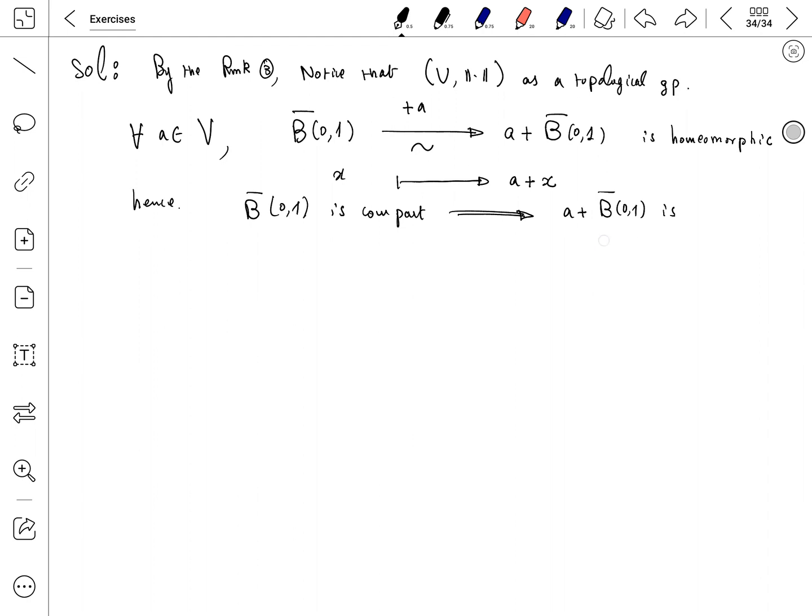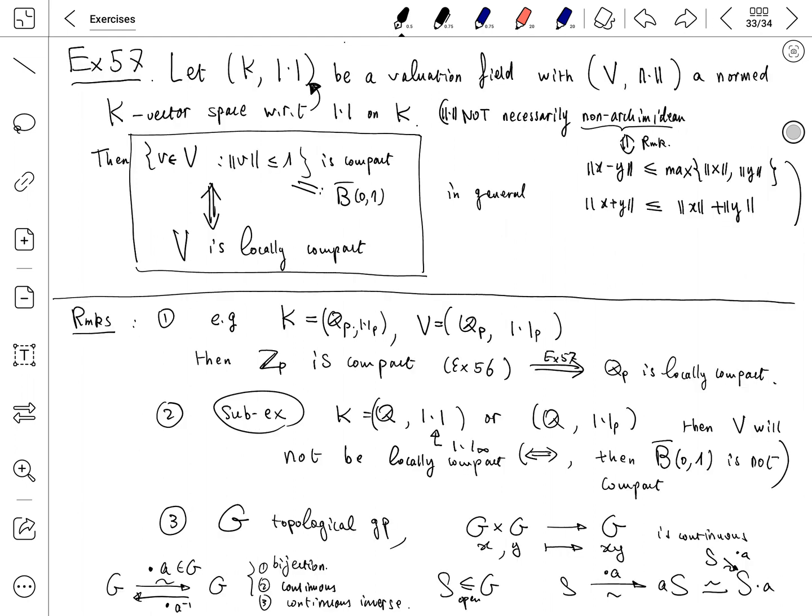But this is a neighborhood of A that is compact. So we have proved that this direction is true. Okay.